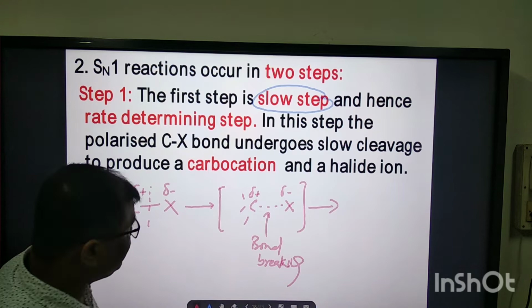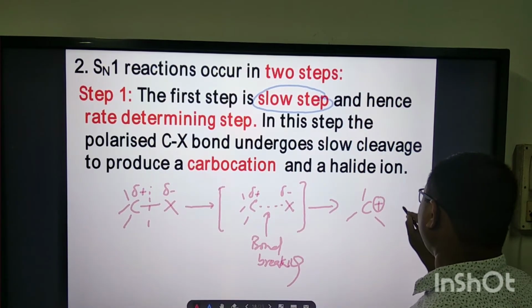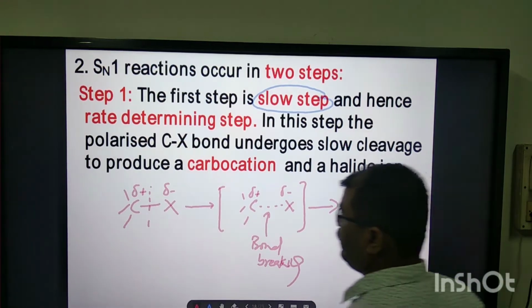Clear? Can you remember it? Yes. As a result, the carbocation and halide ion are formed.